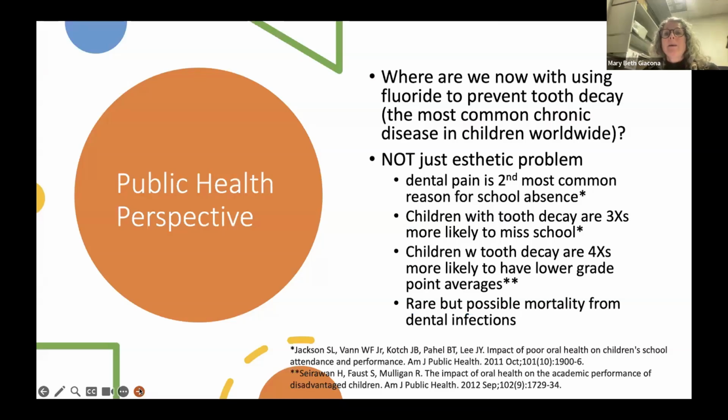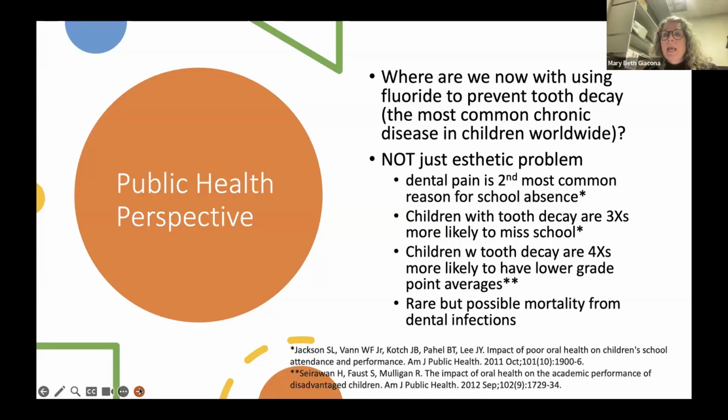So from a public health perspective, where are we now with using fluoride to prevent tooth decay, which has been and still is the most common chronic disease in children worldwide. And I think from a public health perspective, we really need to keep in mind that cavities are not just an aesthetic problem. Dental pain is the second most common reason for school absences.